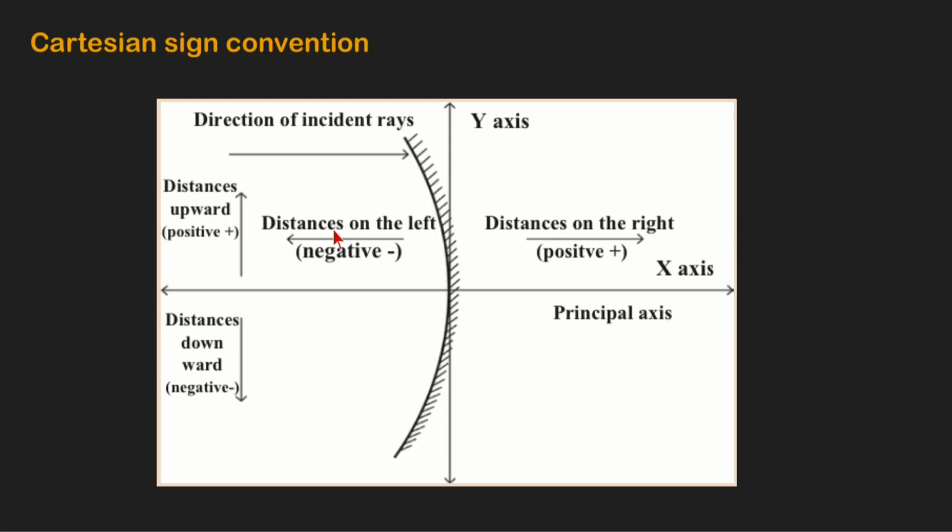We take distance on the left side as negative and distance on the right hand side as positive. Distance in upward direction is positive, distance in downward direction is negative. That distance is measured from the pole. These Cartesian sign conventions are also important in our 11th standard.